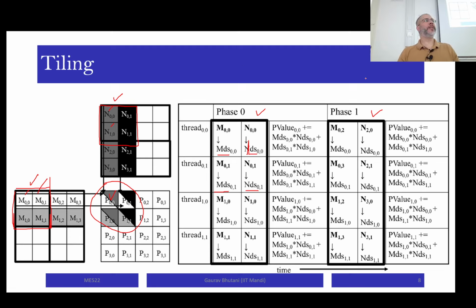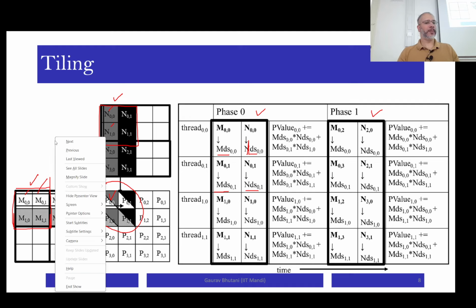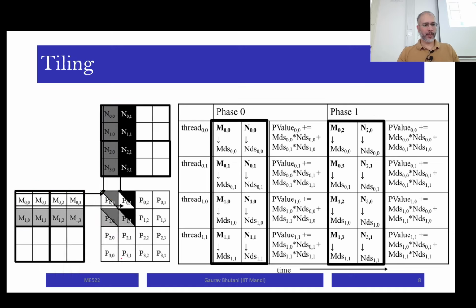And now you move to the next phase. In the next phase, you don't need these blocks anymore. In the second phase, each thread copies an element of M and N, so you get these four available in the shared memory, and these four as well.